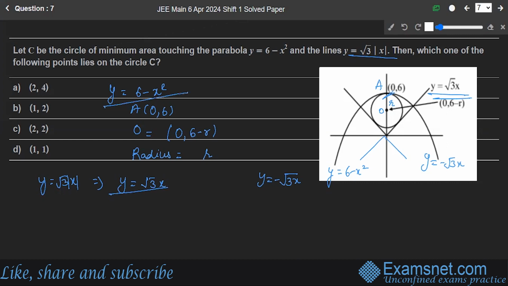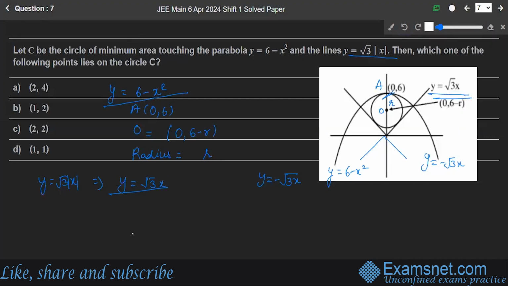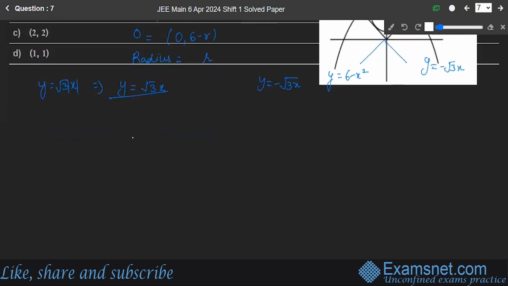Let's frame the equation of the circle now. Let's go. Okay, let's form the equation of the circle with this center and radius r.